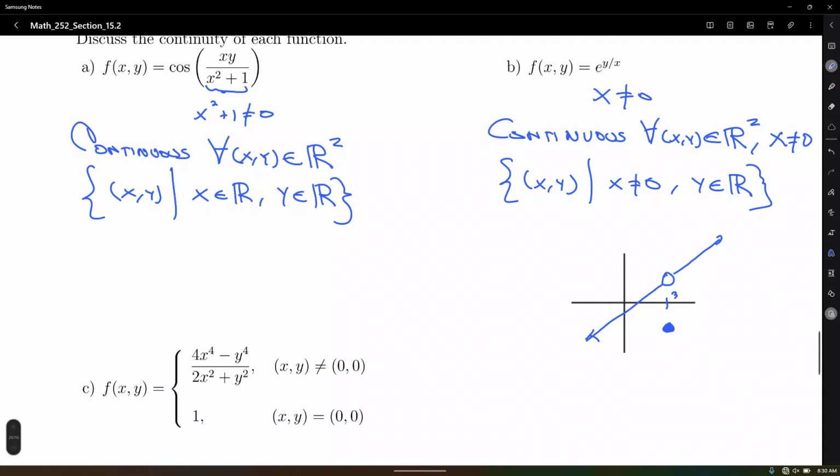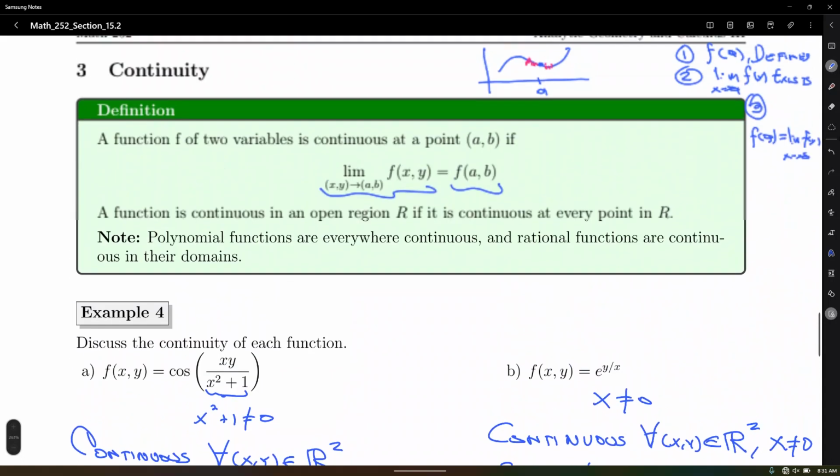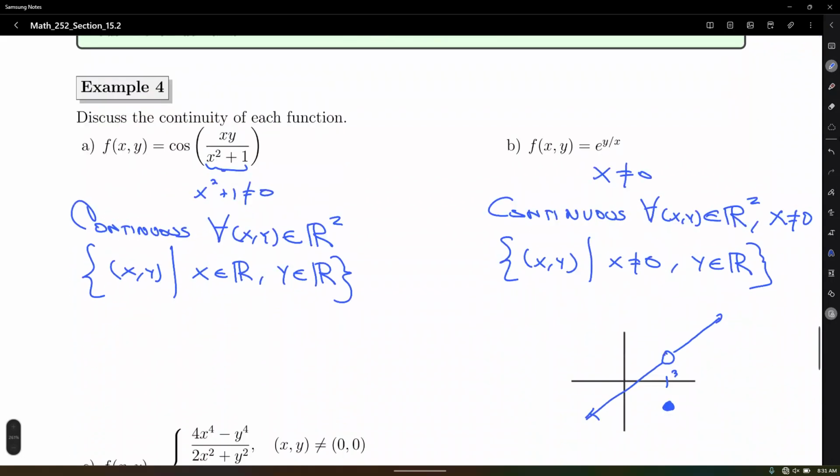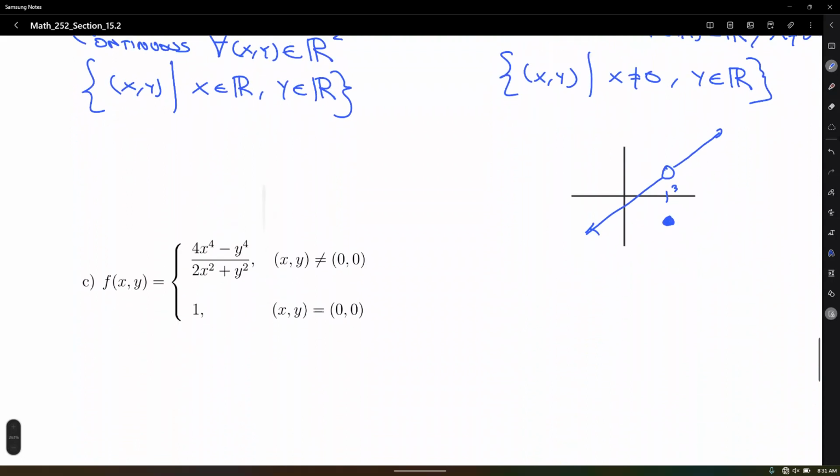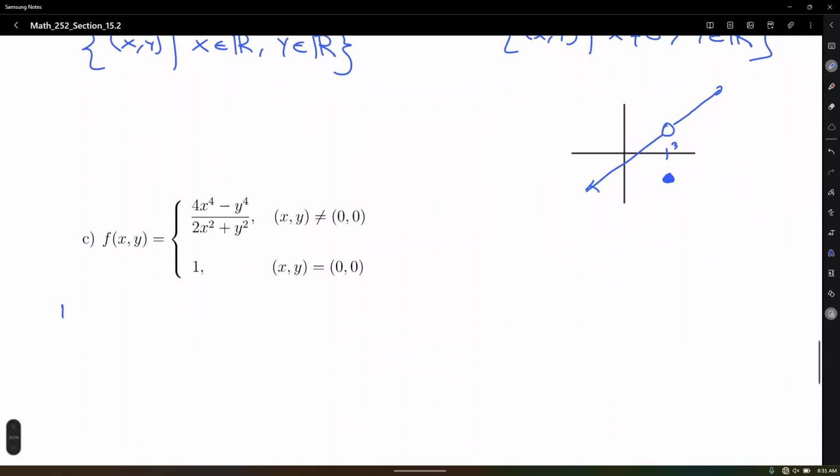So we may have a situation like this for functions of two variables, like this one. Number one, we need to check the three conditions that we stated over here, but now I'm going to give you the two variable notation for it. Condition number 1 is the function value. So what is f of 0, 0?